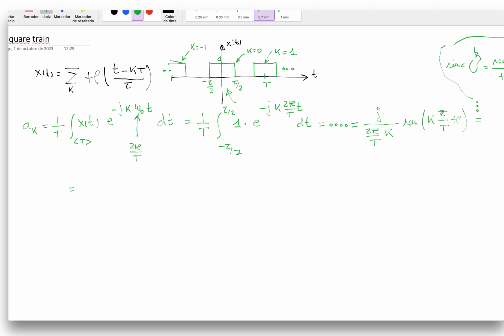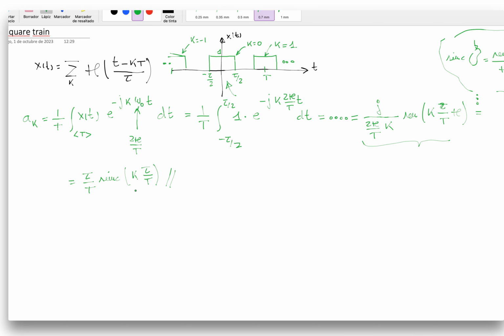Okay, remember the definition of the sinc. So if we apply this to this expression here, you can get that this is tau divided by capital T sinc of k tau divided by capital T. Okay, so these are the coefficients of the Fourier series of this periodic train of square impulses.